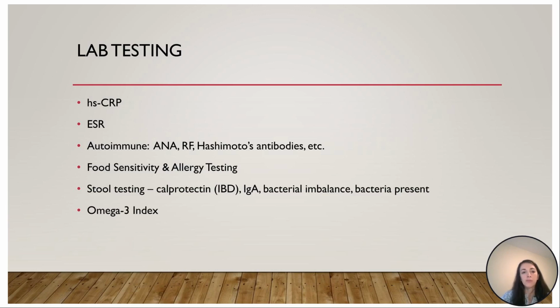And another lab test I wanted to put on here, because a lot of people don't know that you can test for it, is you can look at your omega-3 levels. Omega-3s are those anti-inflammatory fats that are high in foods like wild-caught fish and nuts and seeds. They need to be in balance with omega-6s, which are more pro-inflammatory.